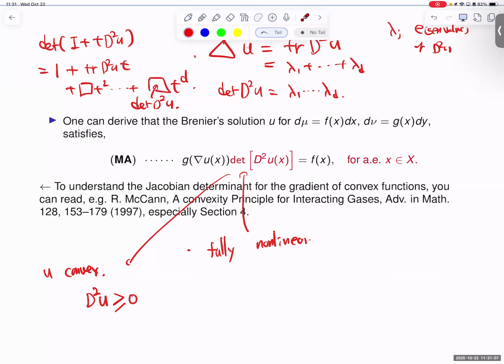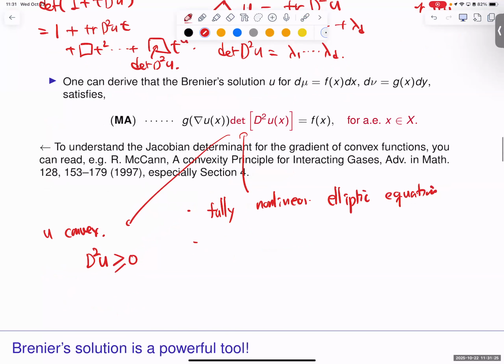So when the Hessian of u is non-negative, this equation, the determinant of the Hessian of u, has a kind of ellipticity, so it is called a fully nonlinear elliptic equation. The reason why you have ellipticity, maybe I'd better not explain now, but you may see later, okay? But such an equation is called a fully nonlinear elliptic equation.